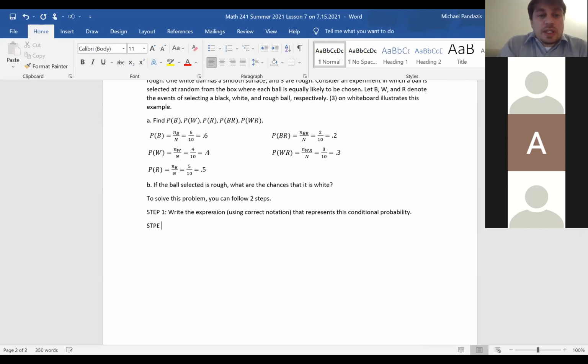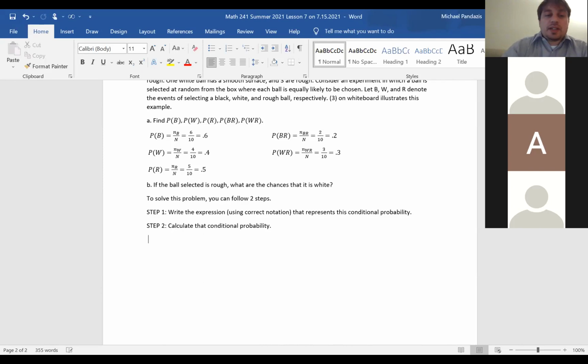Step 2 would be calculate that conditional probability. In a lot of these problems, if you understand the notation, then the problem becomes basically just writing down the right notation for it, the answer, and then calculating it.